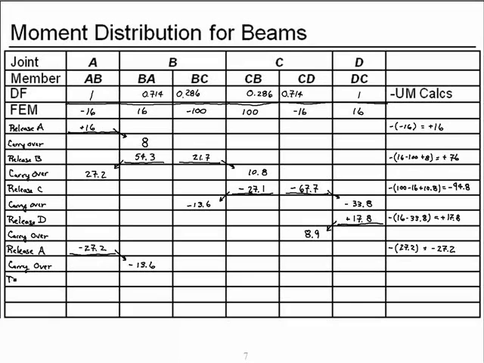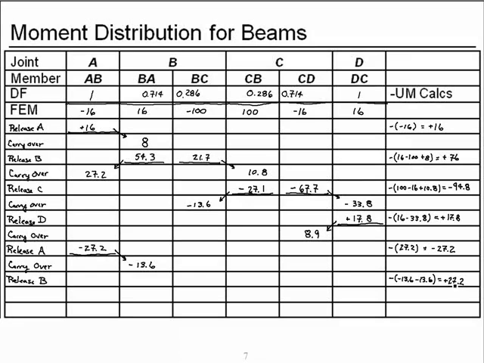Now node B has the largest unbalanced moment, so I'm going to move to it. We take the negative sign, we're going to add up the unbalanced moments. We have a negative 13.6 and a negative 13.6. We add those up, reverse the sign, we get a positive 27.2.